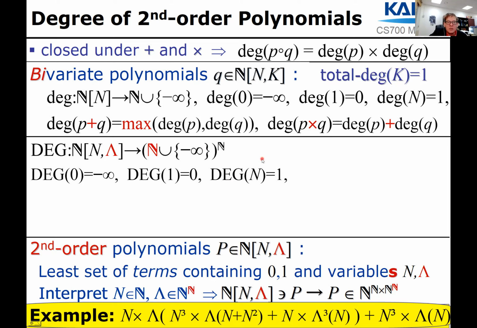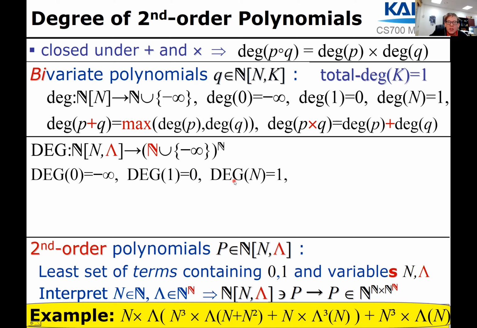It's defined again by structural induction as follows. These definitions are pretty straightforward, but observe that minus infinity, 0, and 1 are to be understood as constant functions of one natural number argument. So they don't depend on anything.